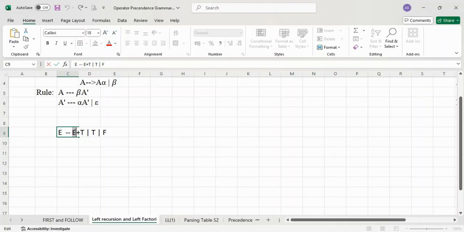Yes. Because of this E, there is a left recursion visible. So, the letter E and E is repeated here. Anything beside E is considered to be alpha, which I am highlighting with a red color. So I'll highlight here also alpha with red. So anything in red is considered as alpha.